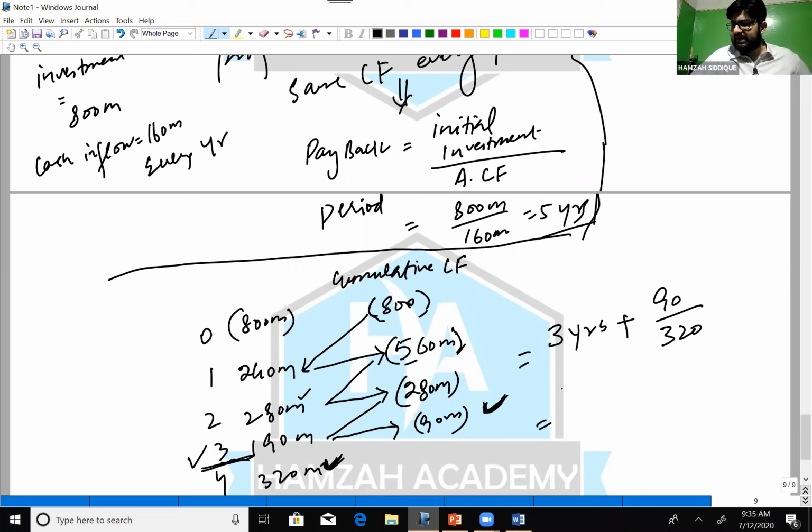So we simply can calculate it: 90 divided by 320. It is 0.28. So 3.28 years. This is the payback period of the project when cash flows are uneven.